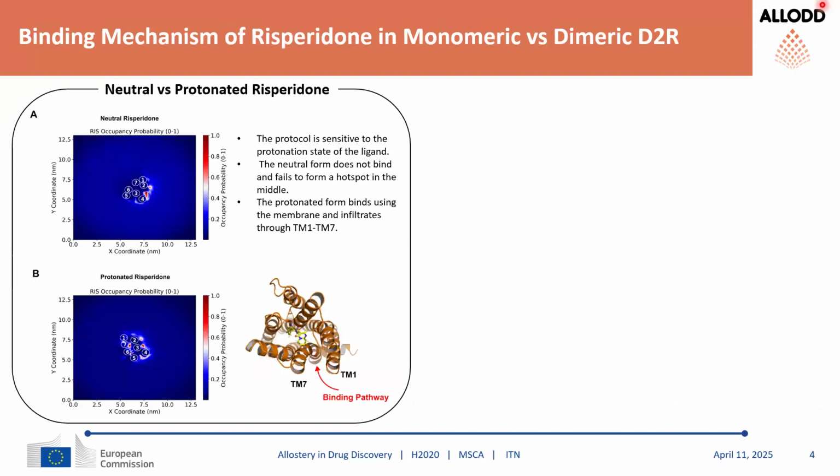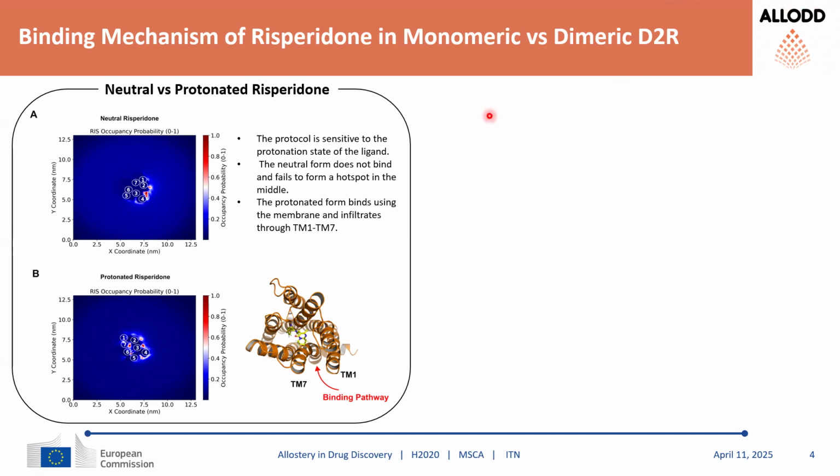However, once we obtained the parameters for the ligands, we started with our simulations, and we got mainly two insights. The first one was the importance of the protonation state of the ligand. First of all, we simulated the system with the neutral species of the drug, and we saw no binding events.